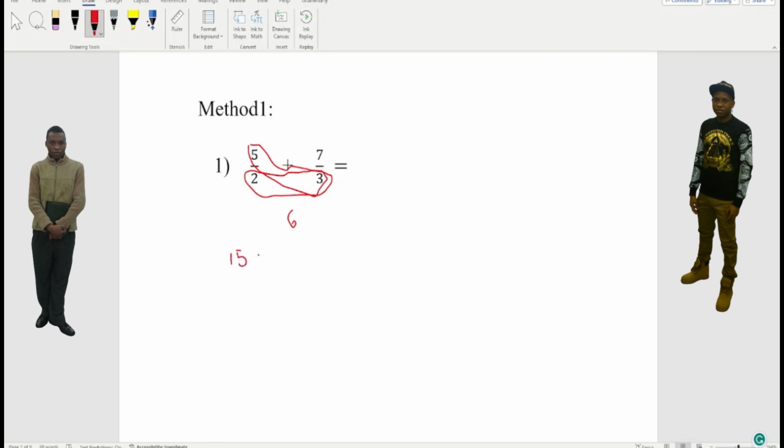And then they're gonna multiply 2 times 7, right? It's gonna give them 14. Okay, and then when they add it, they end up getting the answer.